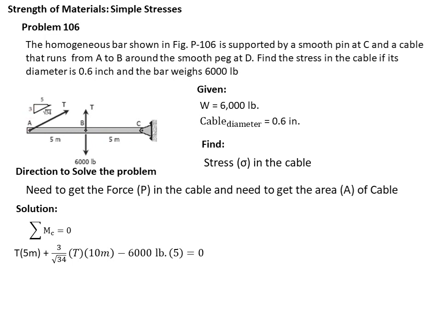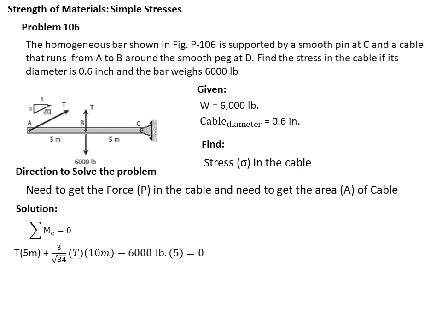So the vertical force of this T is the 3, this one, the vertical 3, divided by the hypotenuse, multiplied by T and then times 10 meter.